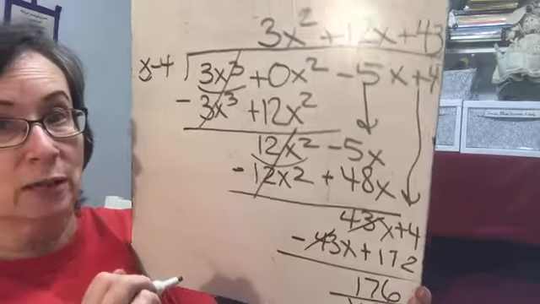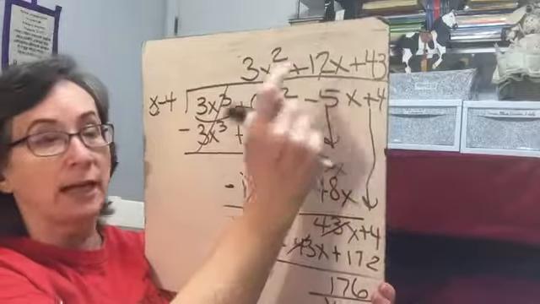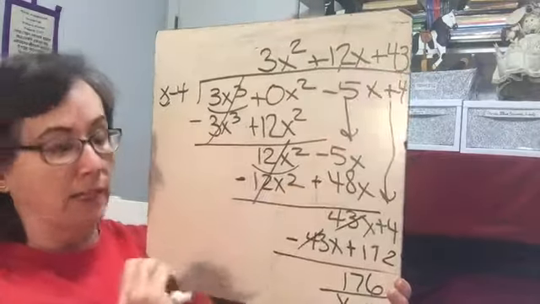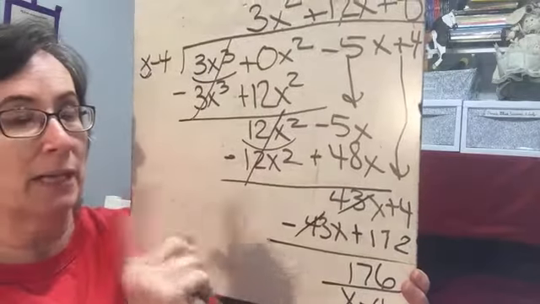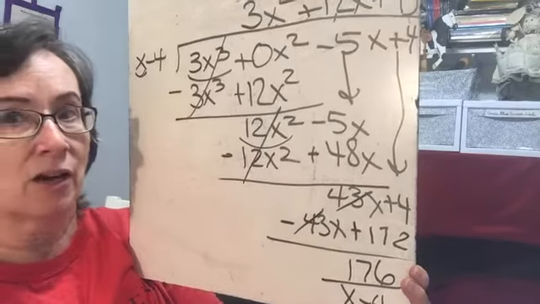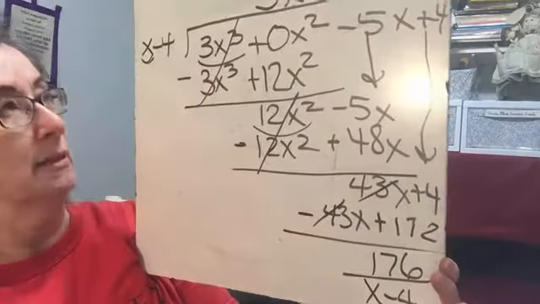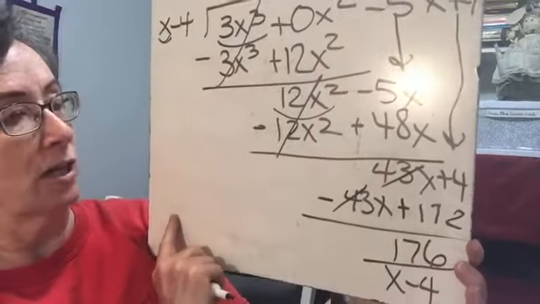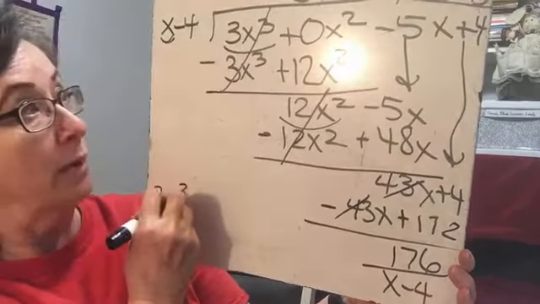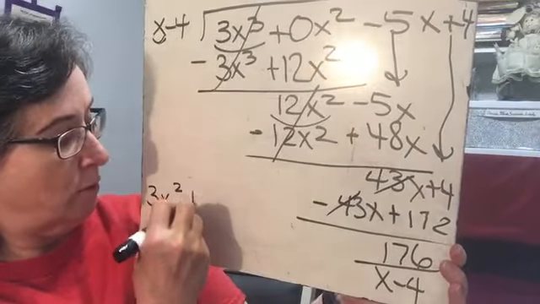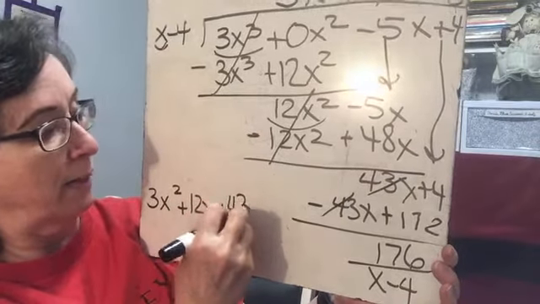So my total answer is 3x squared plus 12x plus 43, plus 176 over x minus 4. And I'm going to write that out in one nice long stream right here. 3x squared plus 12x plus 43.